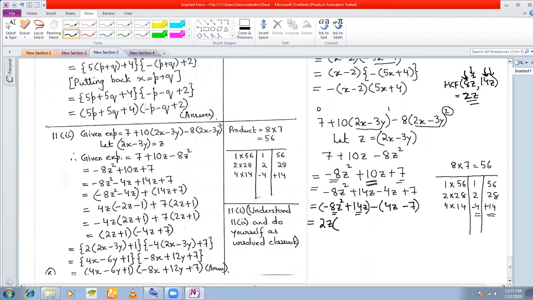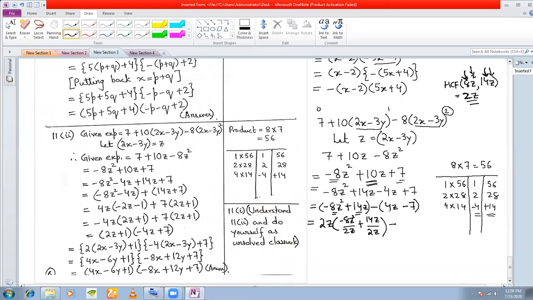2z I take out. Now when I'm dividing minus 8z square divided by 2z plus 14z divided by 2z. Now is it clear? Yes, sir.